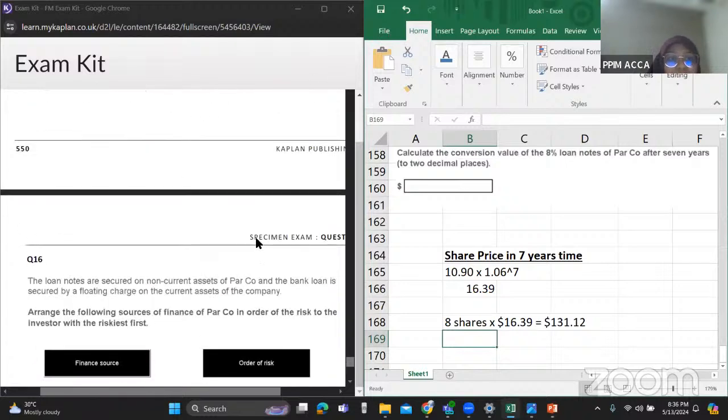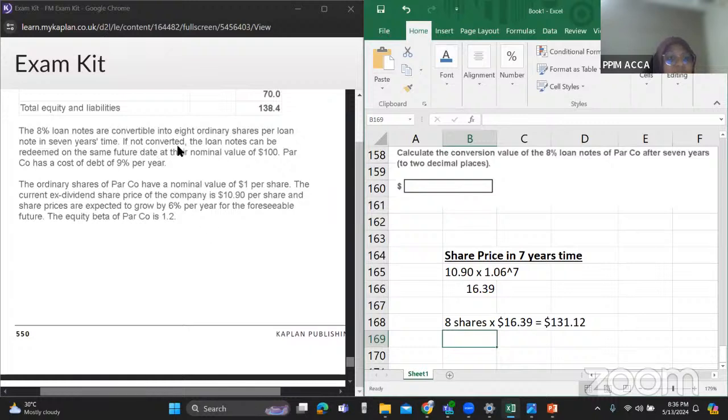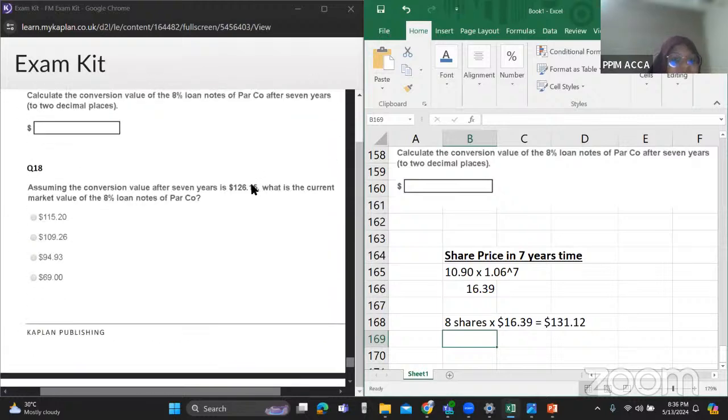If you look at the other option, which is where you can redeem it on the same future date at a nominal value of $100, each of your loan notes will have a value of only 100. So obviously here the higher option is to go for the conversion, because when you convert each loan note, you will end up valuing it at 126.15. Whereas if you go for just the normal redemption, we will value it only at 100. So it's very clear here. We won't go for the cash option. We will go for the share option. Okay. So we know that we are going to convert.